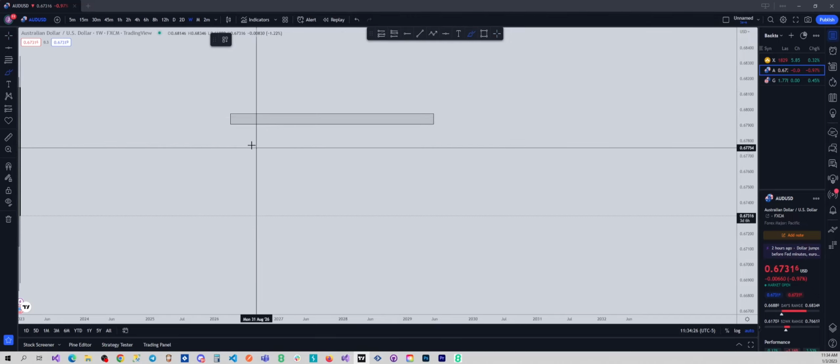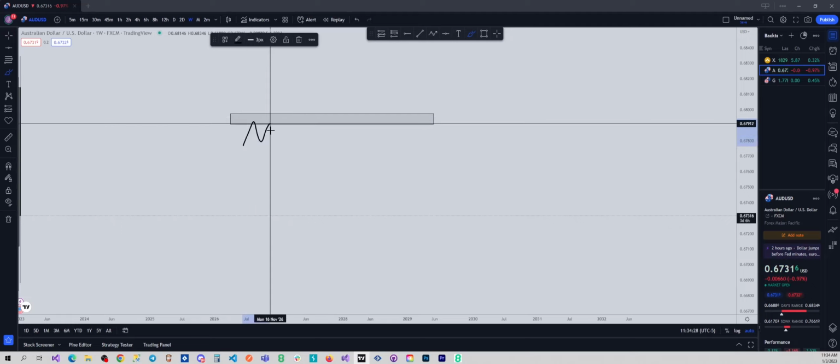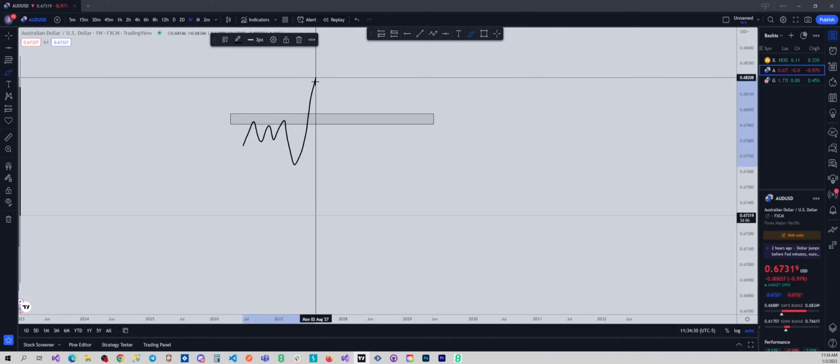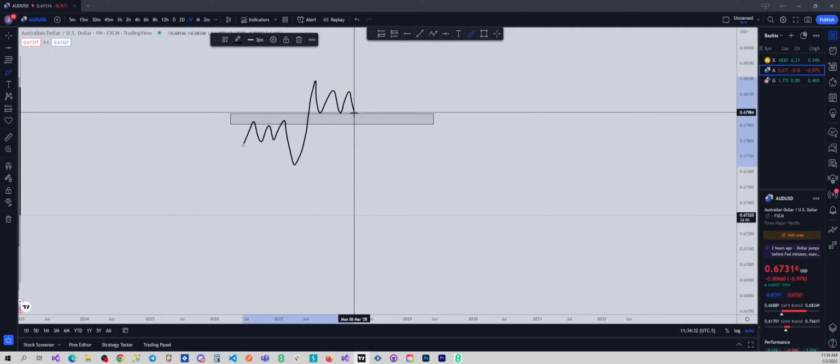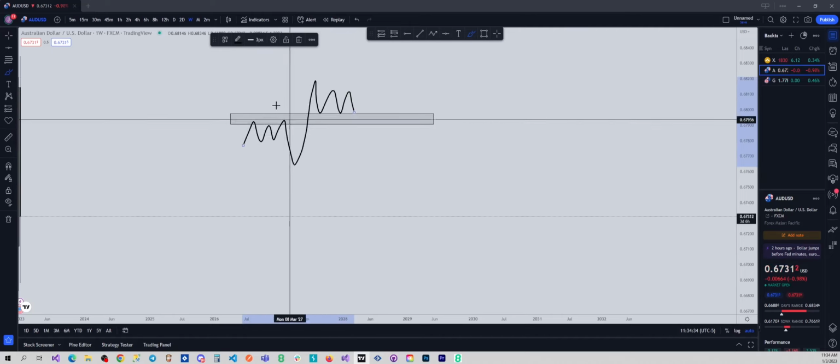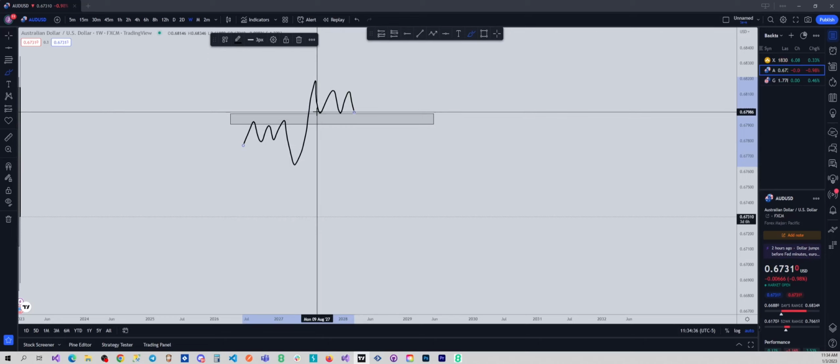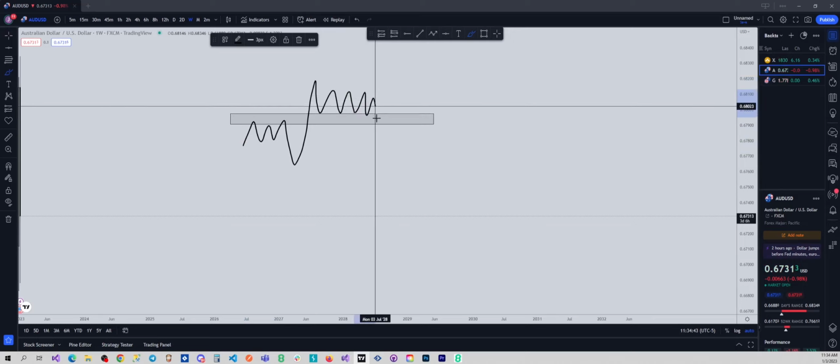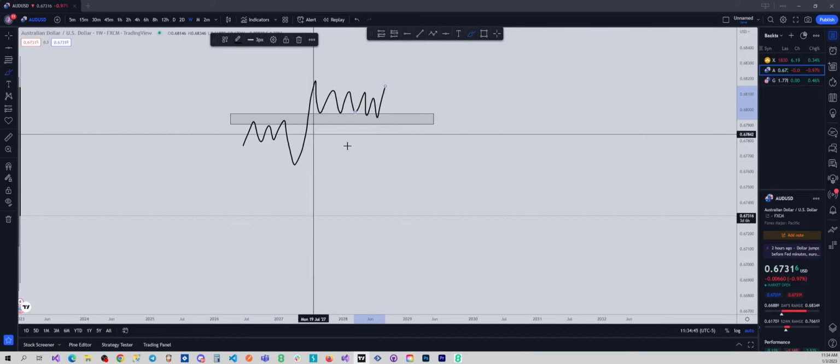So if there's a level right here and price is doing this around that level, we can say that that is a level of interest, an area of interest, that is a level of support, aka or resistance, because price is hesitating to do anything around this area.